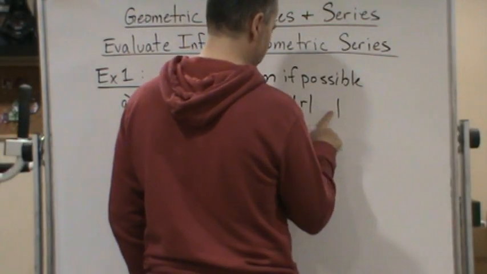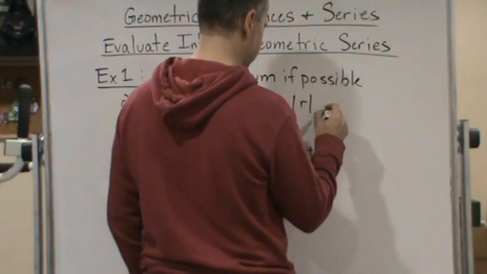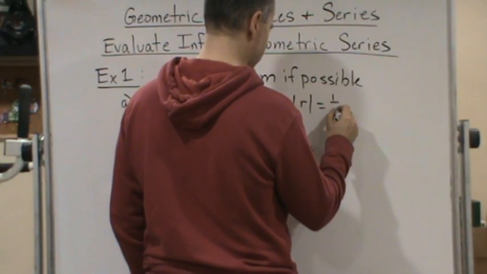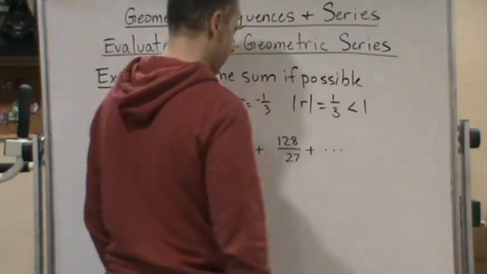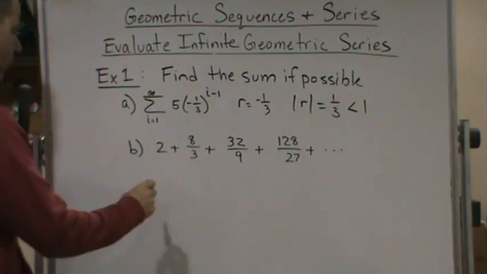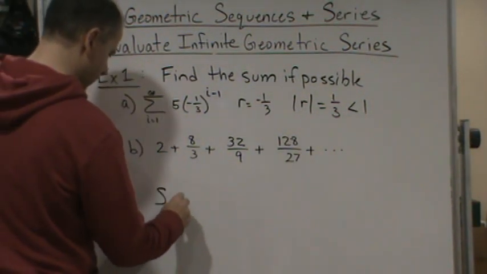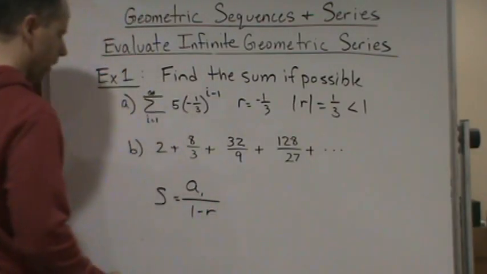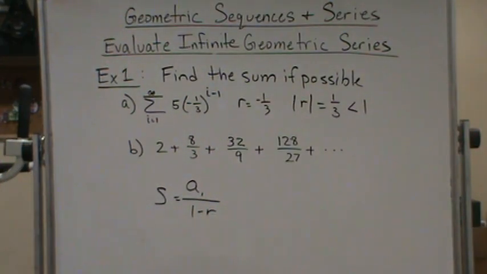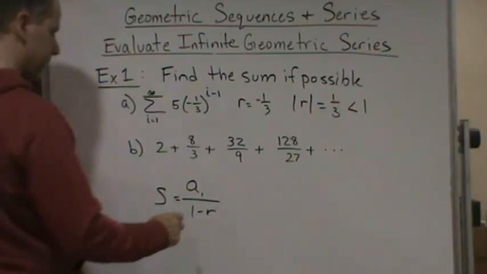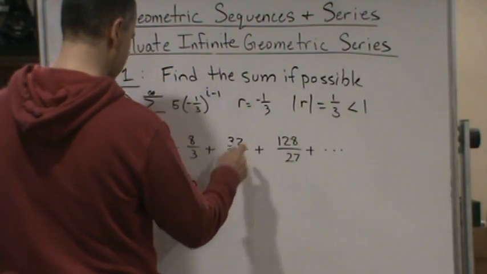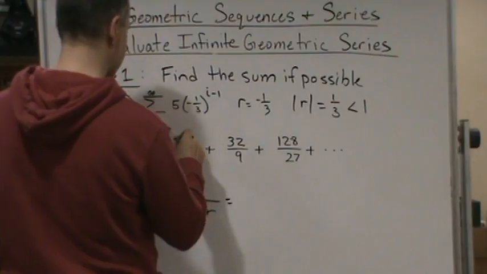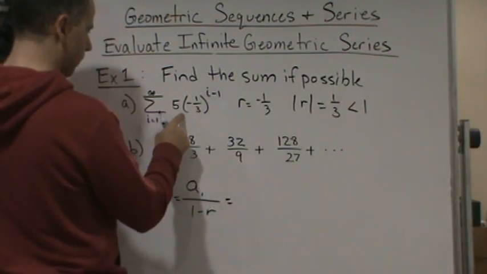So we can more succinctly write it this way. So that means we can use the formula A1 divided by 1 minus R to find the sum of the series, since it is convergent.